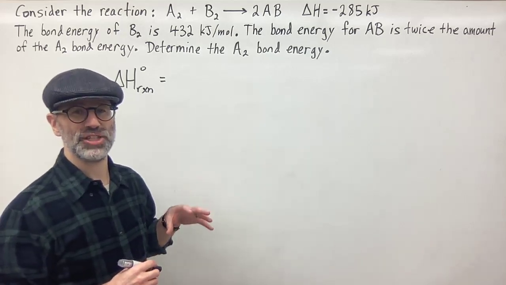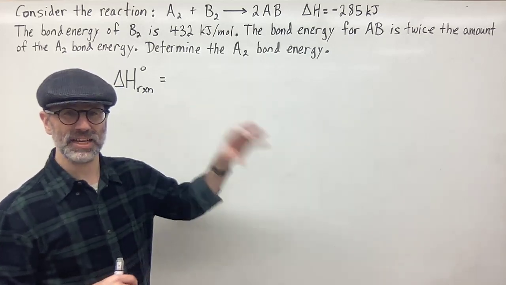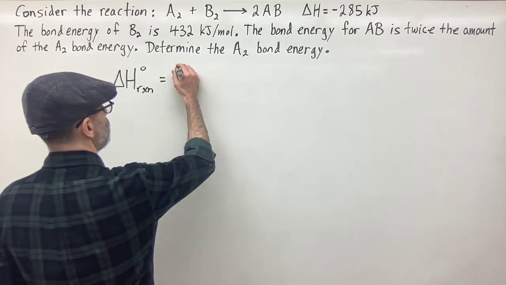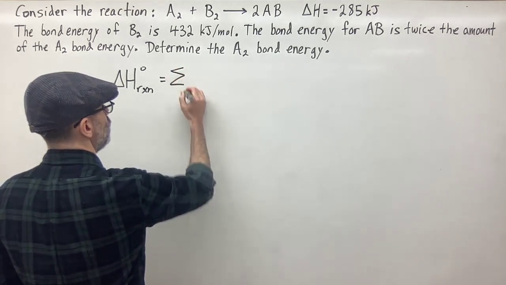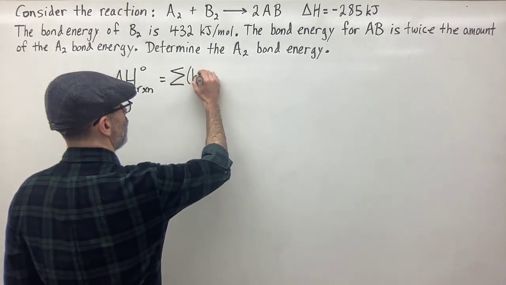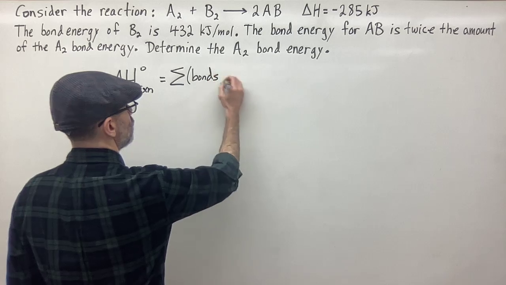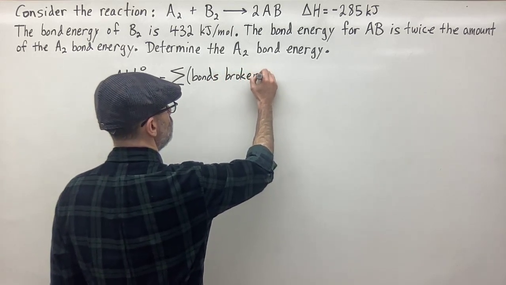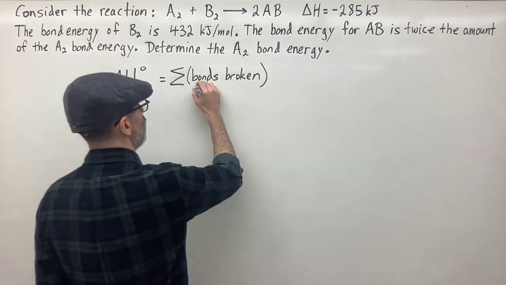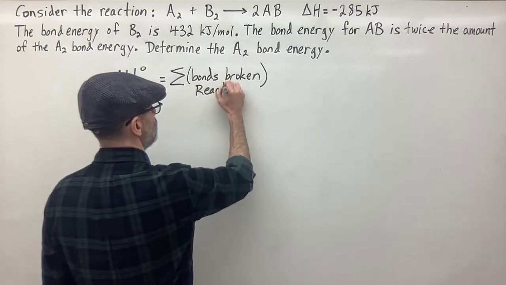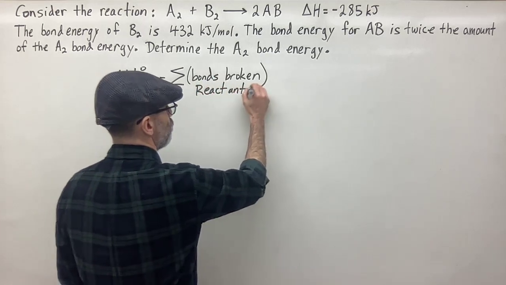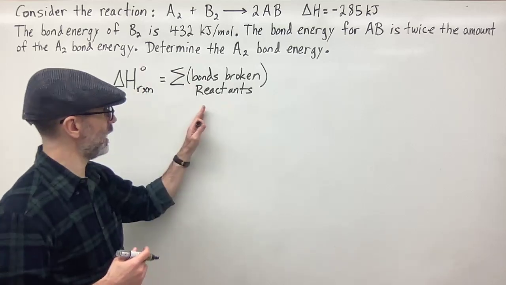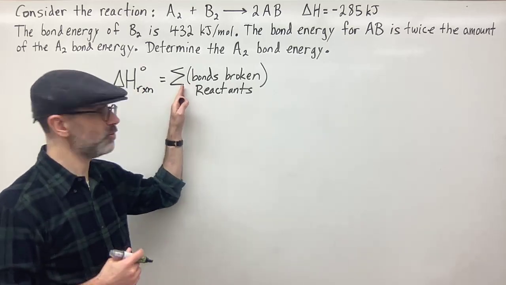That's the energy that you need to add in order to break a bond. So this is going to be the sum of the bonds broken, and this is going to be the reactants. So you break all the bonds of the reactants and you add them together. That's what the sum sign means.